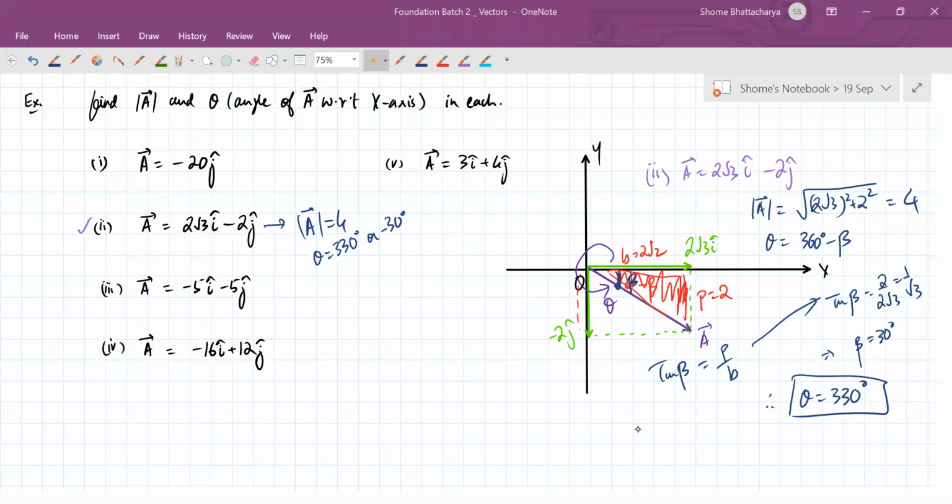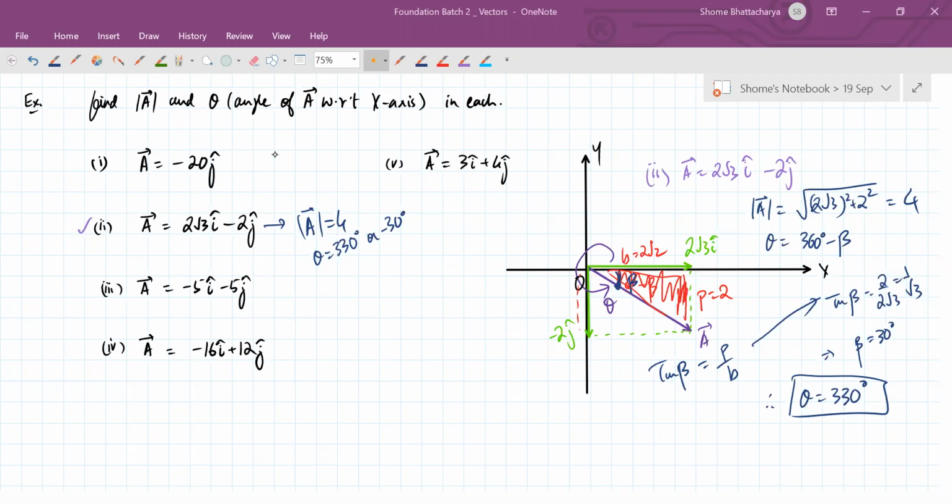Yeah, Bhavesh, fourth one is correct. Anyway, I'm putting up some of the answers. Now you try to work this out.